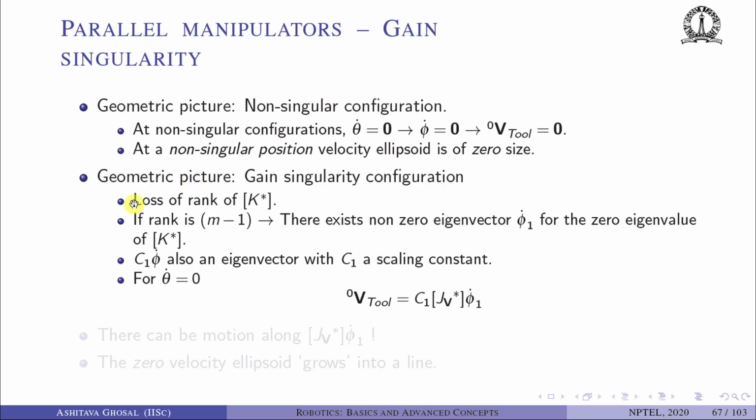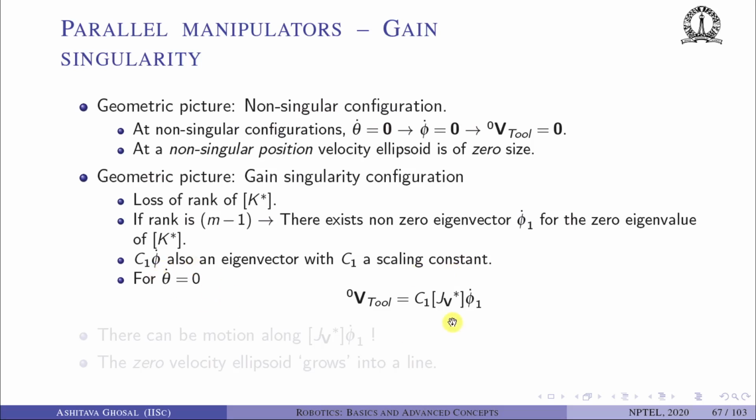Okay, at a gain singularity configuration, there is a loss of rank of k star. Okay, so if the rank of k star is m minus 1, normally k is an m by m matrix, there exists a non-zero eigenvector phi1 dot for the 0 eigenvalue of k star. Okay, so if phi1 dot is an eigenvector, then c1 into phi1 dot is also an eigenvector with c1 a scaling constant.